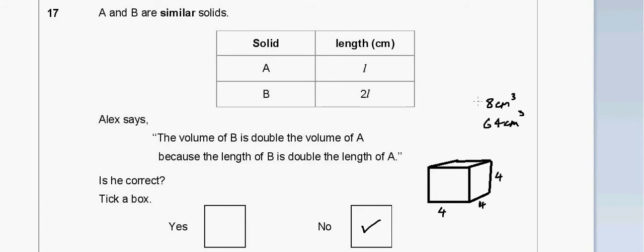So we can see that it doesn't double, it actually goes up 8 times bigger, because the length and the width and the height have to all be proportional. So that's why no, he's not correct.